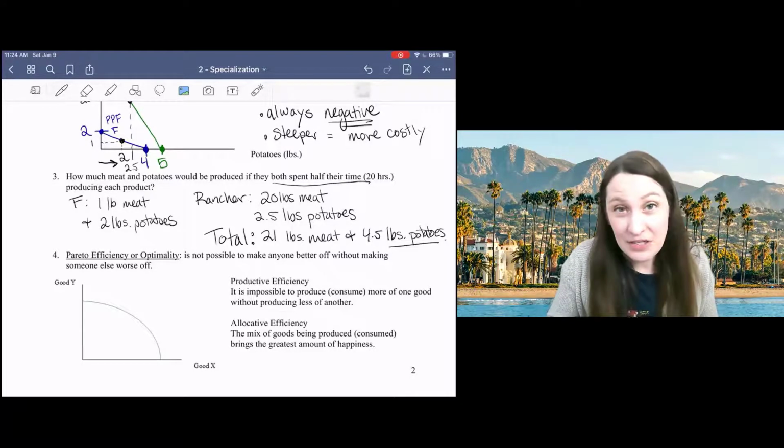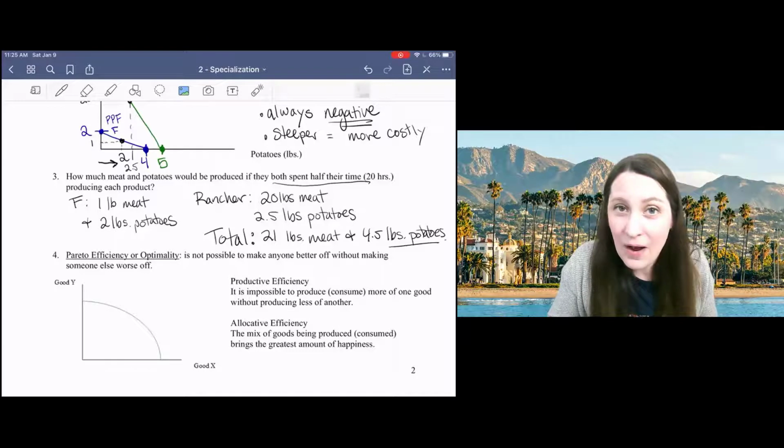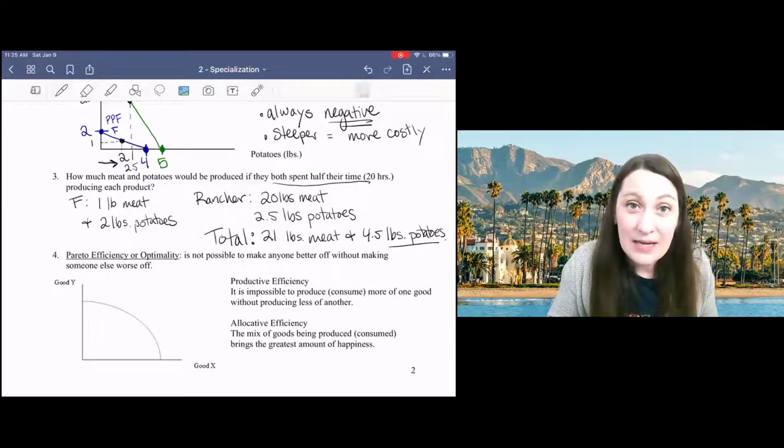An inefficient outcome is one where it would be possible to make everyone better off without making anyone worse off. If it would be possible to improve the situation for everyone, why wouldn't we do that? So inefficiencies are important to pay attention to because these are situations in which there are obvious gains that we have not taken advantage of.